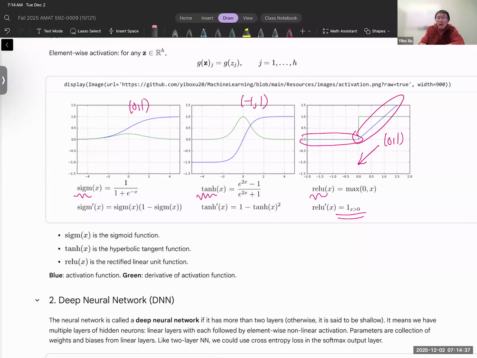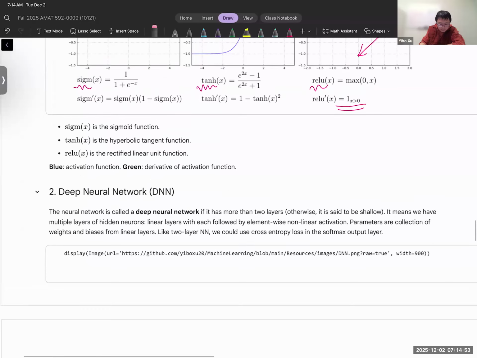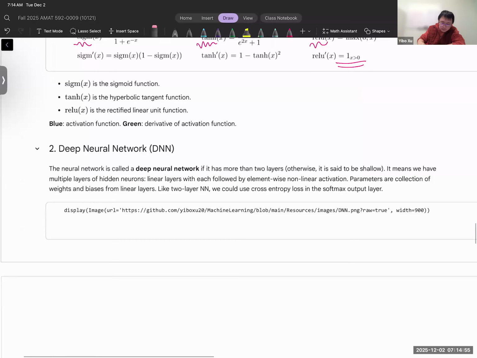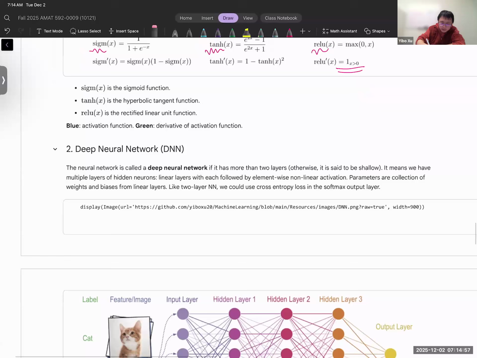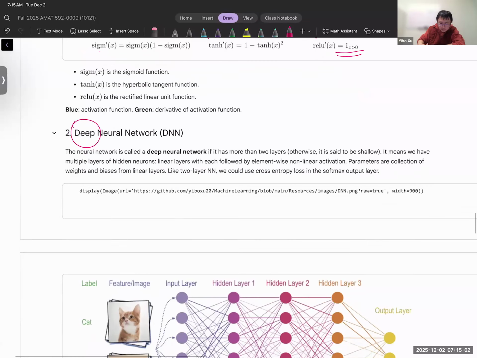In the next part of the notes, we need to talk about backpropagation a little, but that's also something you possibly have seen in 500. So let's continue. As for the concept, what do we mean by saying it's a deep neural net? A deep neural network can have multiple hidden layers.